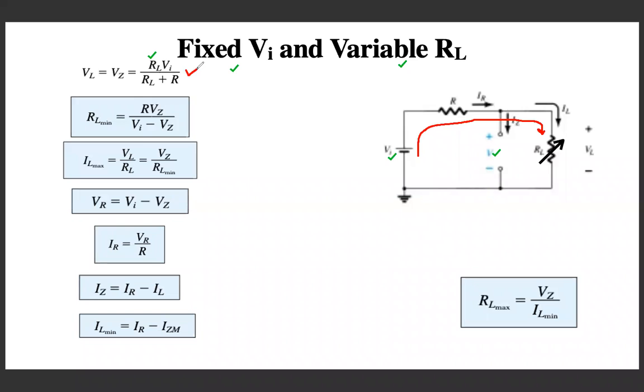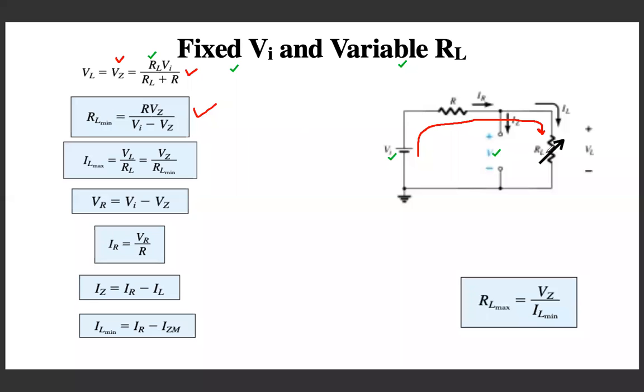Now we simply replace the variables and rewrite this expression, taking RL to one side. You solve this equation, taking this VZ and writing the value of RL as RL minimum. So from that you will reach this equation. You cross multiply, solve, and we get the minimum load value. That means your load resistance should not fall below this value, otherwise the diode will be off.